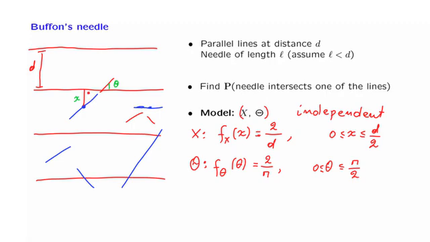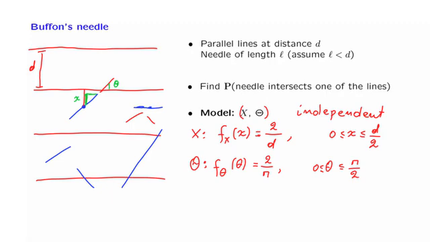This will depend on the following. We can look at the vertical extent of the needle. By vertical extent, I mean the following. Let's see how far the needle goes in the vertical direction, which is the length of this green segment here.